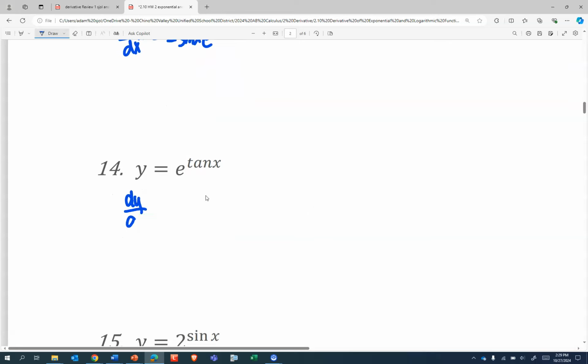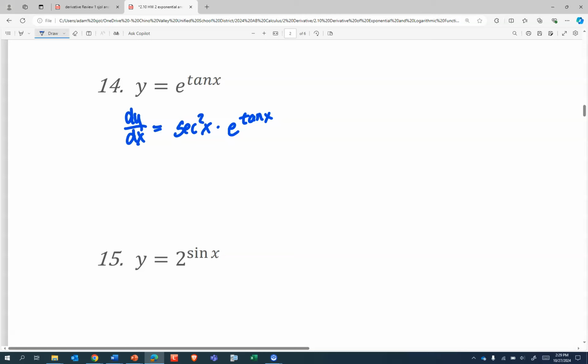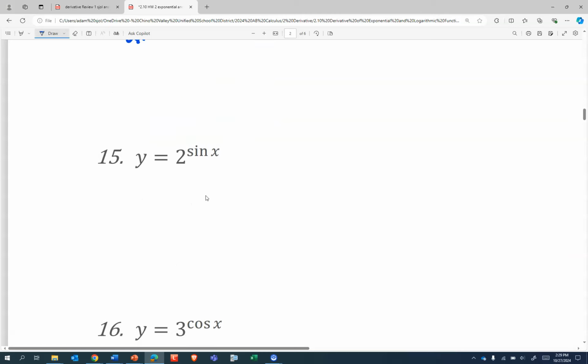Now we're getting it. So let's write the derivative of tangent, secant squared, first, and then e to the power tangent of x, because that's probably where our brain is going. The derivative of e to the tangent is e to the tangent. Write that secant squared out front.